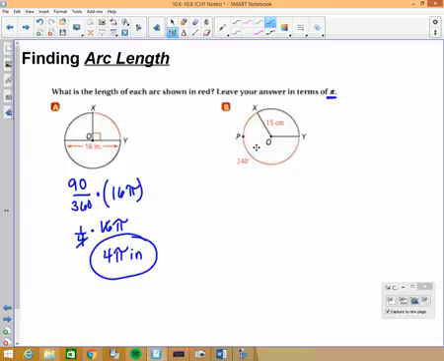Okay. For the next one, we're going to use the fraction 240 over 360 because 240 degrees of the entire 360 is the portion I'm talking about. However, in this one we don't have diameter, so we're going to say 2 pi times the radius, which is 15.